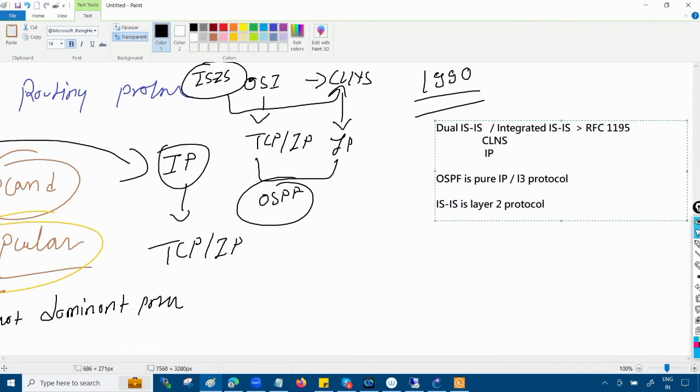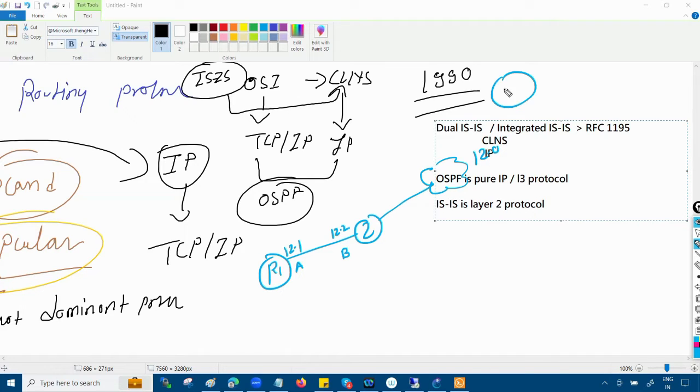From a security perspective, think about it: routers with IPs, MAC A, MAC B, 12.1 and 12.2, connected to the service provider. Normally this information, the 12.0 network, will appear in the service provider network. So if an attacker is sitting there, they can easily perform an attack because they know the routes. That's how we advertise routes in OSPF.